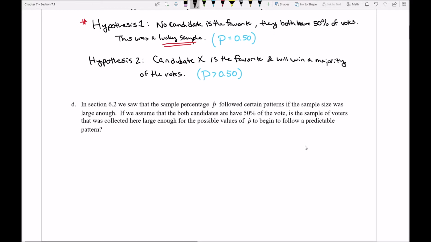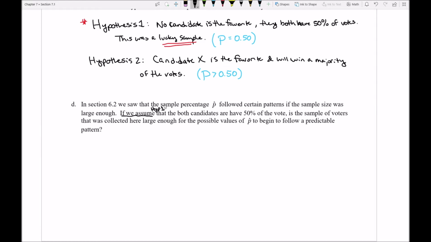If we assume right now that both candidates are going to have 50% of the vote, that is, if we assume hypothesis number 1, then is the sample of voters that was collected here large enough for the possible values of p-hat to begin to follow a predictable pattern? Really all I'm doing here is going back to the ideas that we talked about in 6.2 and trying to see what distribution my p-hat is going to have.